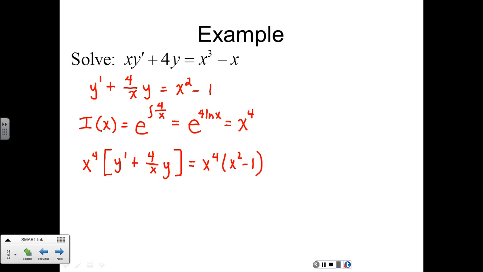We know if we multiply that left side that we get that product rule. It's x to the 4th times y prime, always, equal to x to the 6th minus x to the 4th. Distribute that x to the 4th.